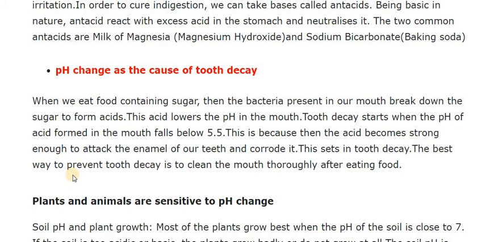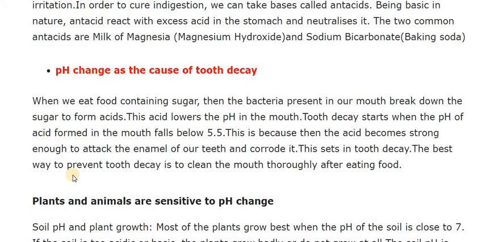The best way to prevent tooth decay is to clean the mouth thoroughly after eating food. So how can we prevent this kind of situation? How can we prevent tooth decay? The best way is to clean our mouth thoroughly after eating food.